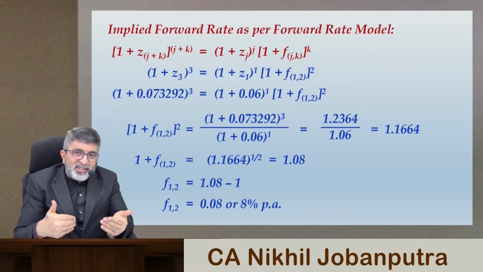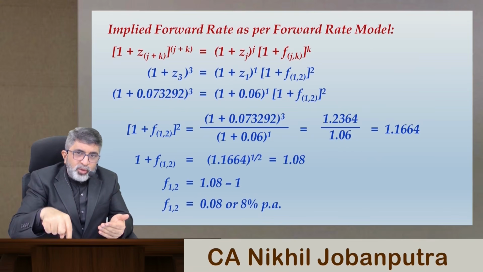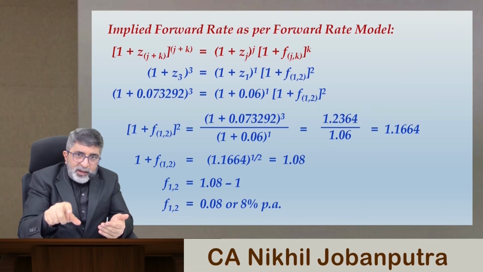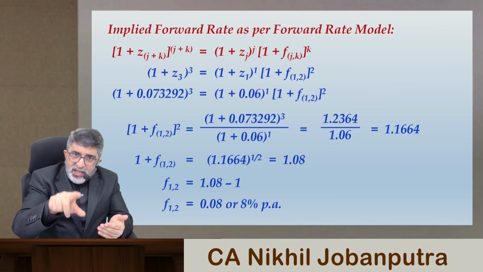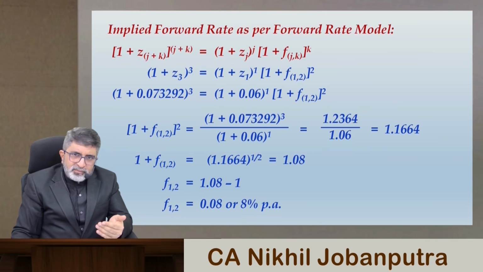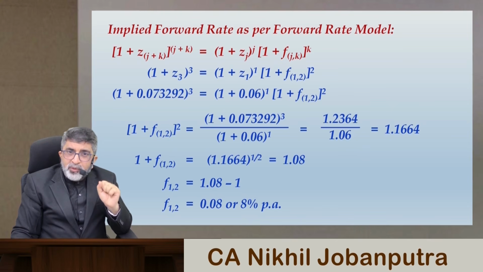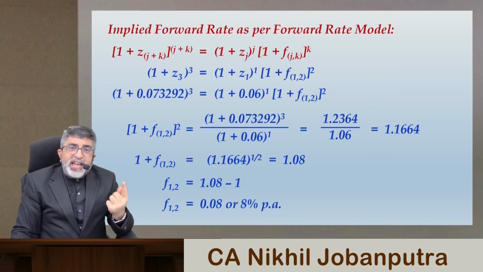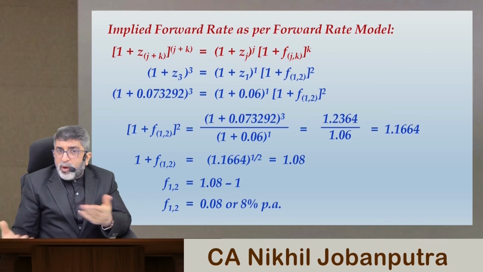In fact, when we started this example, we already knew that the applicable per annum rate from year 1 to year 3, that is F1,2, is 8%, and knowing that, we computed Z3 as 7.3292% per annum. But here I have altered the scenario by assuming that Z1 and Z3 are given, and F1,2 we have to determine through this forward rate model. So what did we do?